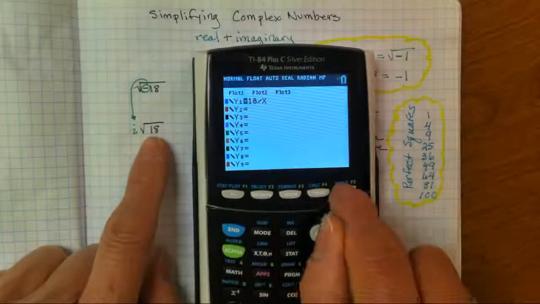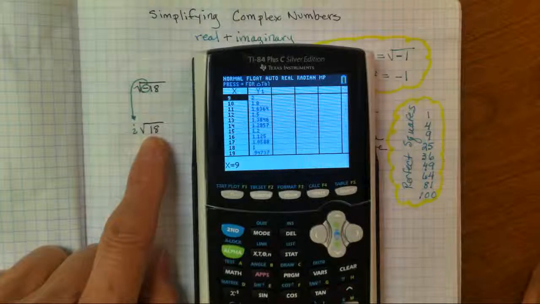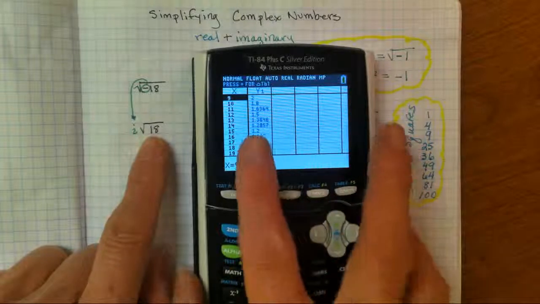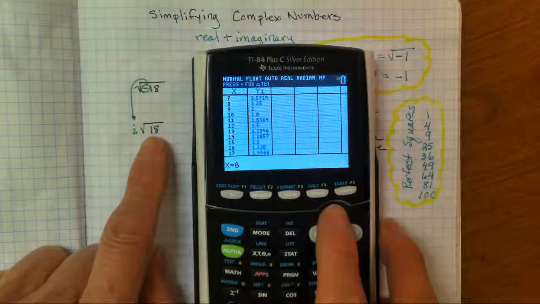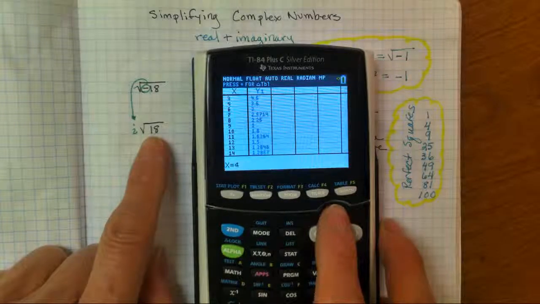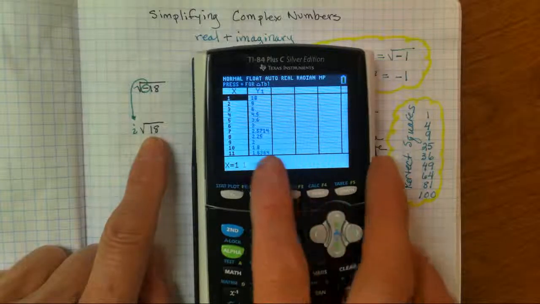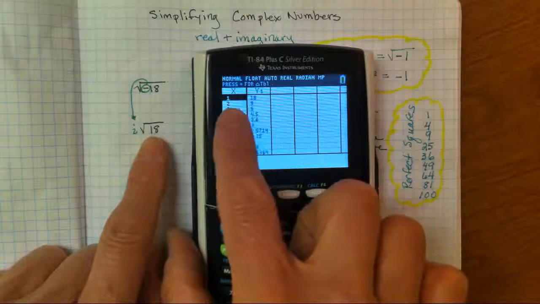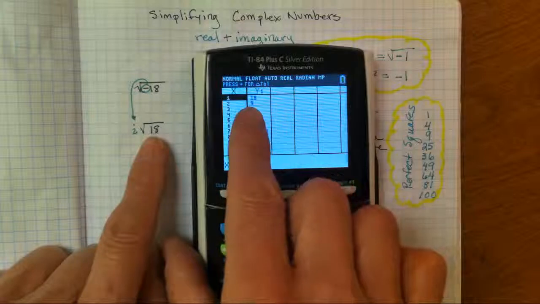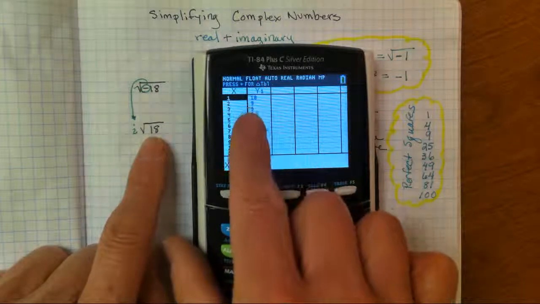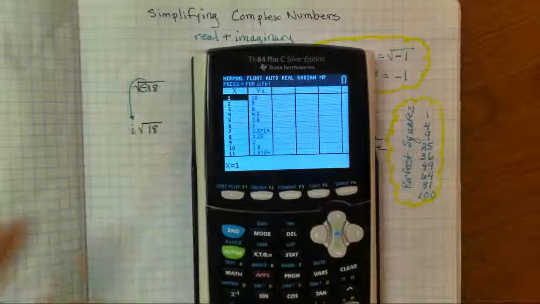So now I'm going to go to second table. And here we see in second table, oh nice, look, I have 9 and 2. 9 being my highest perfect square. Okay, I'm going to just scroll back here. I could have looked here. Here I have 2 and 9. It really doesn't matter which side the perfect square is. As soon as I find my largest perfect square, I'm golden.